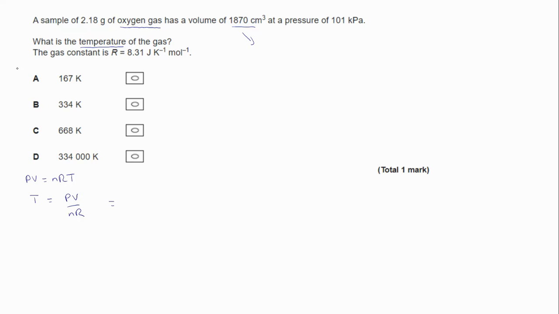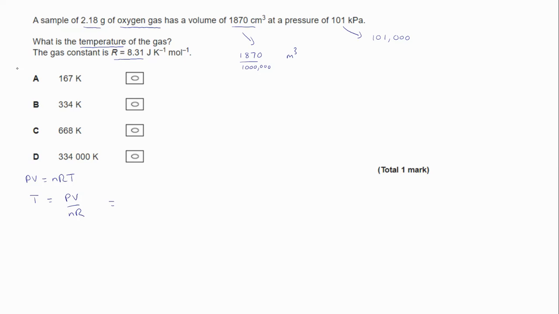So that volume needs to be converted to meters cubed. So I need to divide that by 1,000. Sorry, not 1,000, by 1,000,000. And because that's in kilopascals, that needs to be times by 1,000. So that's going to give 101,000. It gives me the value of the R, so it's always going to give you that.